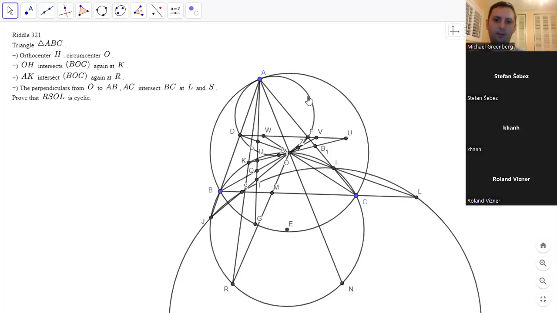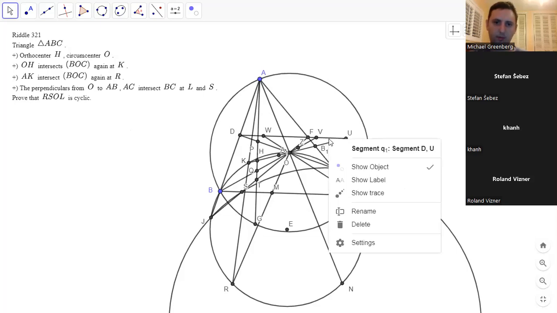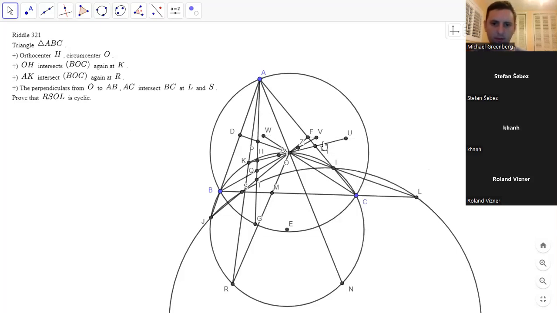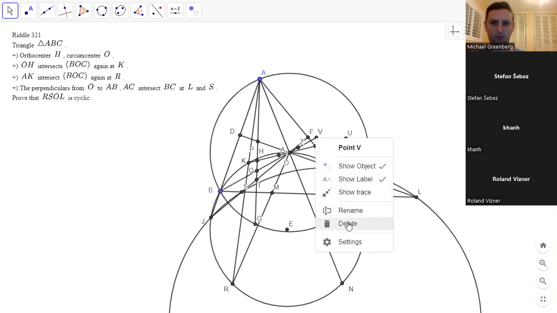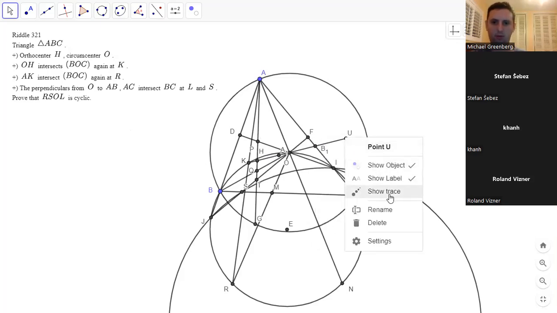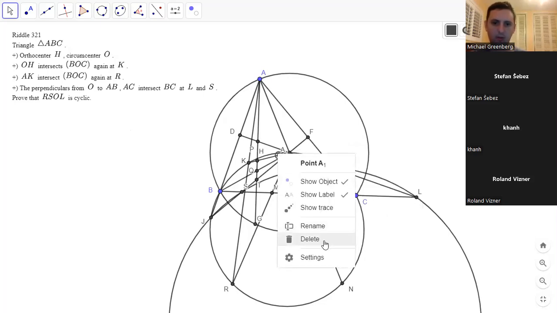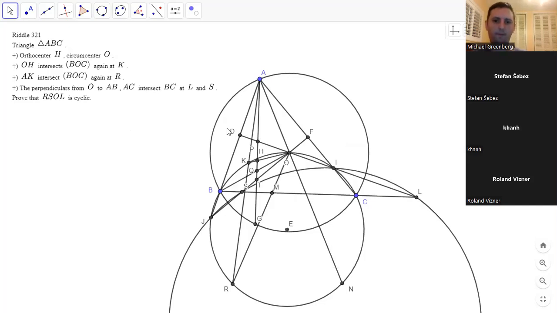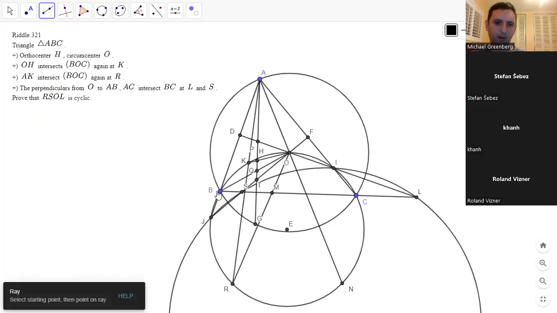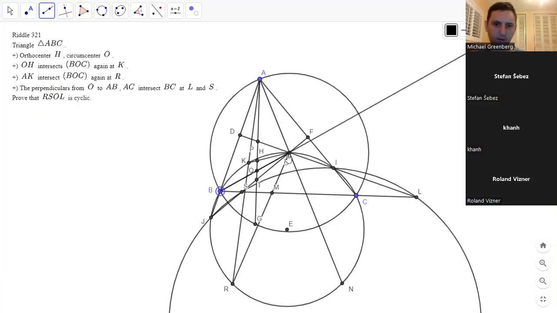So yeah, let me hide a bunch of stuff. I'm actually going to delete this. Okay. So we'll let BO intersect it, and we'll let this intersect the side.